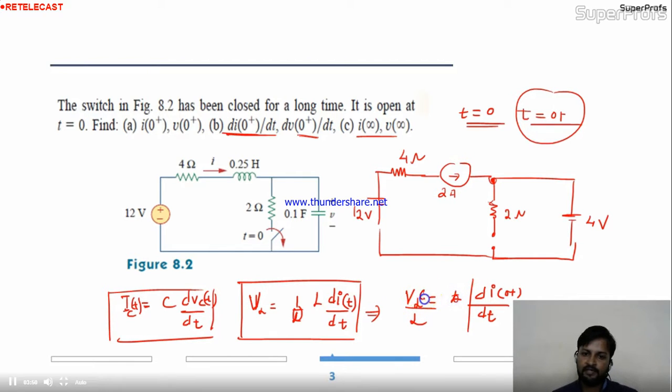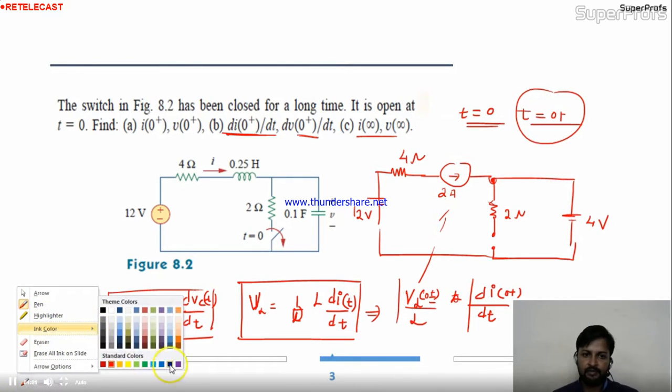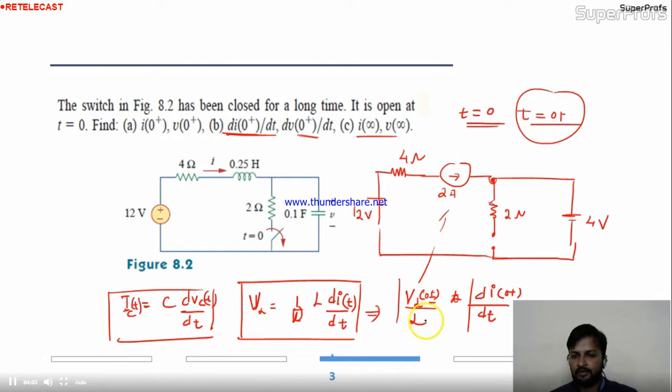This L will go to this side, this is also at 0+. VL is the voltage across the inductor. If you are able to find this voltage across the inductor, you divide that by L and you will get dI0+/dt. Because this is the relation given over here. He is asking for dI0+/dt, which is nothing but VL by L.